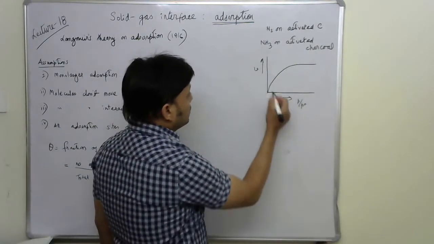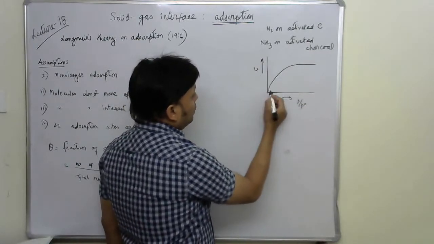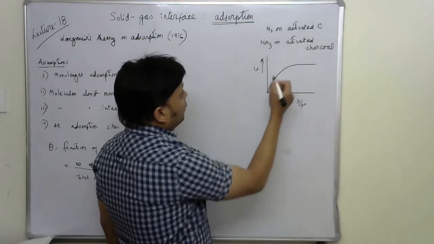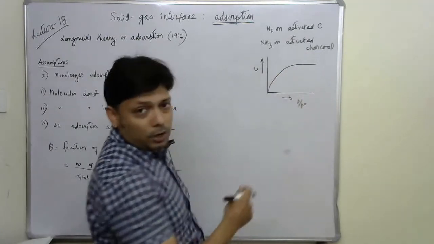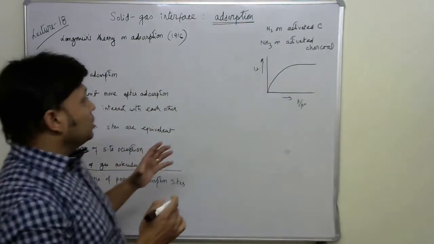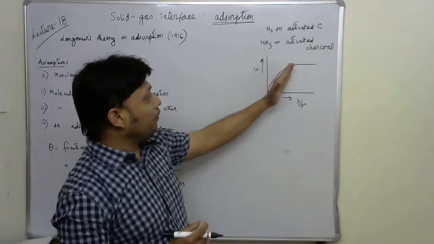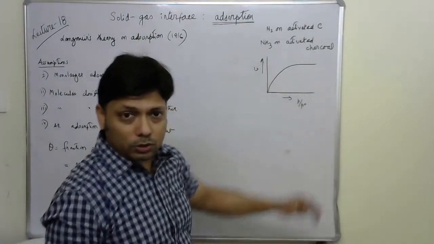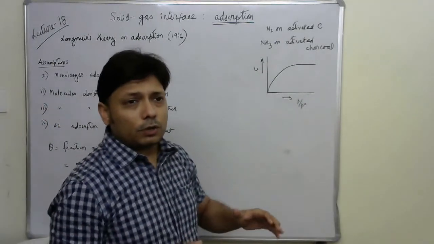The V versus P over P naught data points used to increase first, and then flatten out with increasing pressure. So Langmuir attempted to explain this kind of experimental outcome from a theoretical perspective.